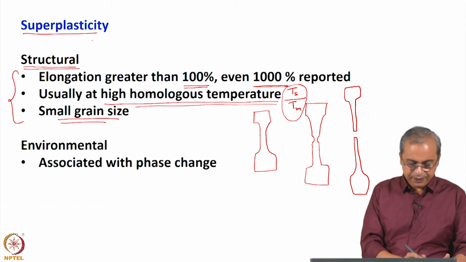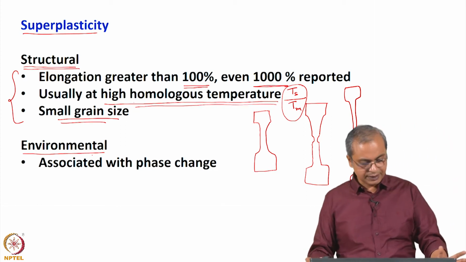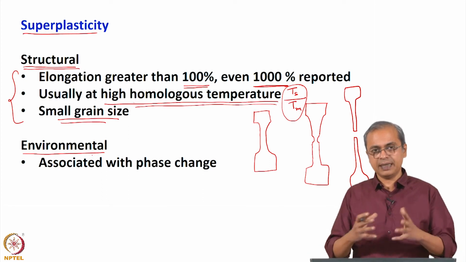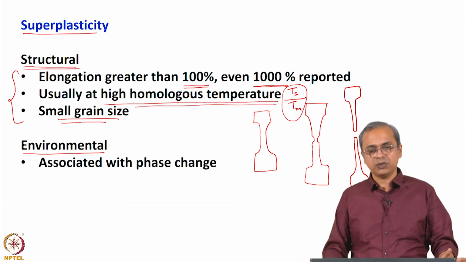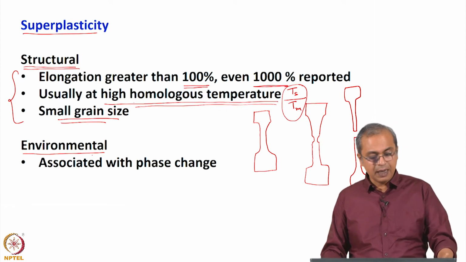To the extent that you see these large deformations, we call it superplastic in this context, and because it is associated with the internal environment of that sample, we call it environmental superplastic behavior.